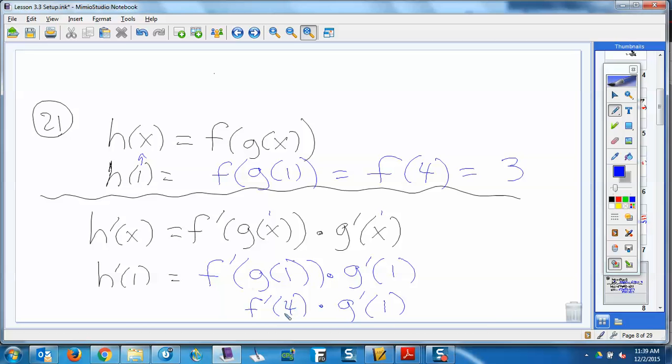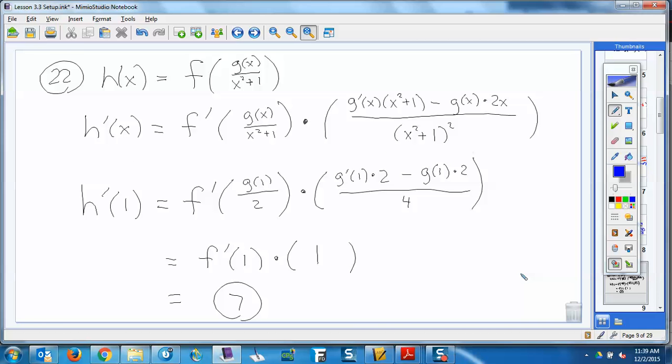So what's F prime of 4? I think it's 4. And then G prime of 1 is 3. 4 times 3, 12. So the H prime of 1 entry would be 12. And then you just repeat that with 2 and with 3 and 4. Okay? So that's 21.